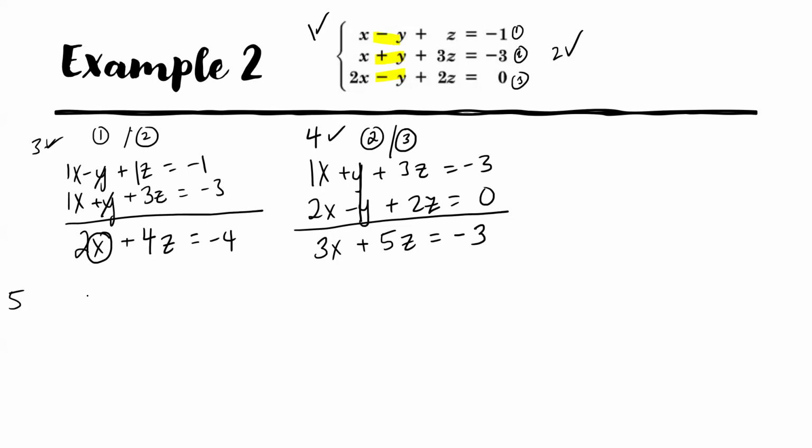Subtract the 4z. So the first step is going to be x equals -4 minus 4z. Then what's the next thing to do? Divide everything by 2. So now we have x equals -2 minus 2z.